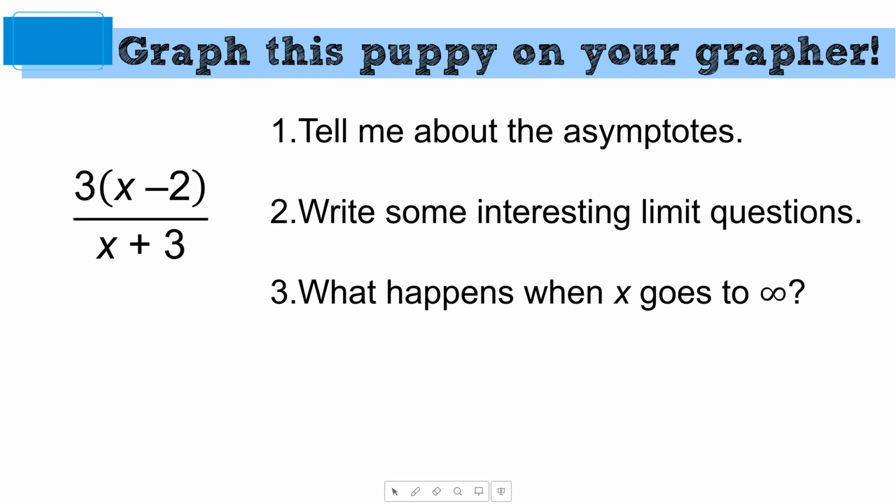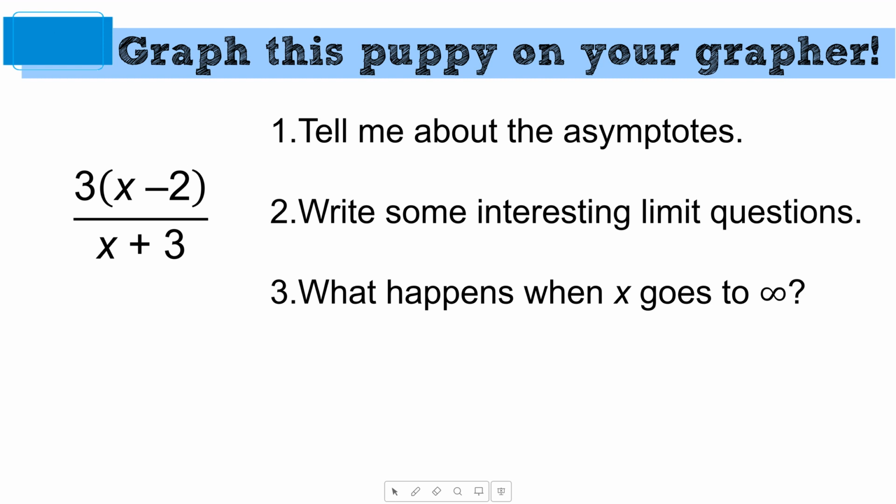It's getting really close to 3, but you got to go a long ways. Will it ever hit 3? No. Why not? It's an asymptote, can't be equal to 3. We'll talk about that a little bit later.